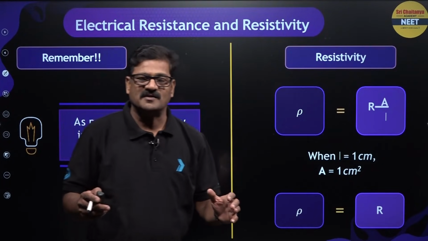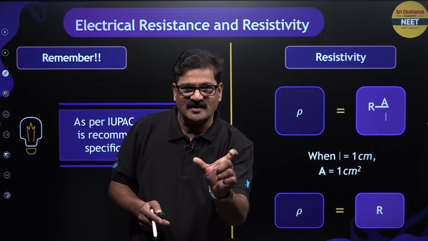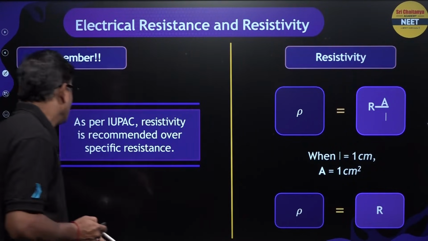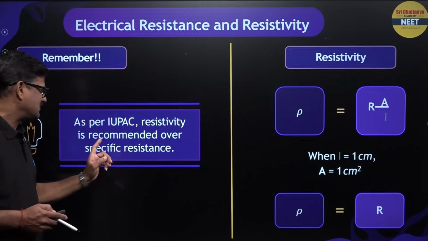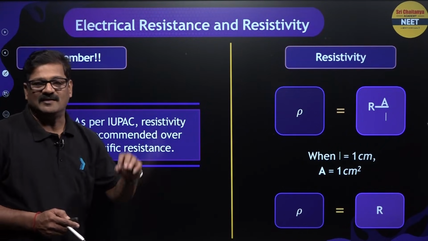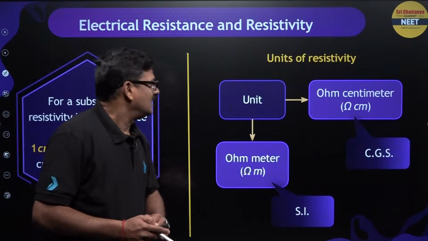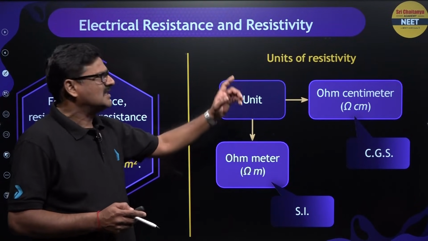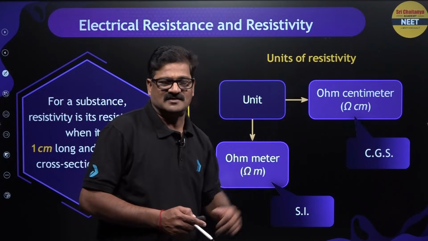The resistance offered by a 1 centimeter cube of electrolyte is called specific resistivity. As per IUPAC, resistivity is recommended over specific resistance, and rho is important for us. The SI unit for this is ohm meter; in centimeter units it is ohm centimeter.